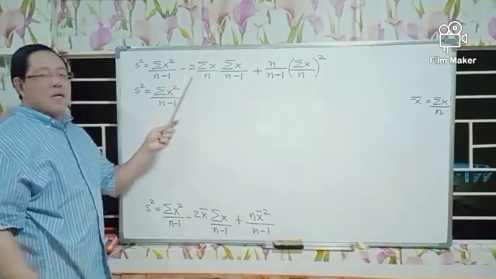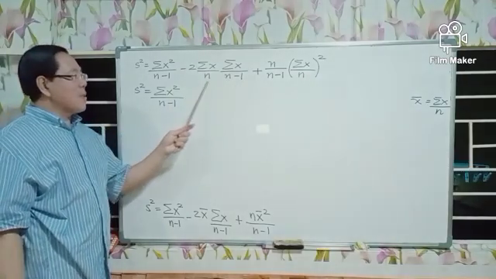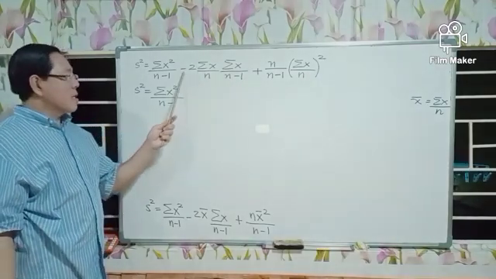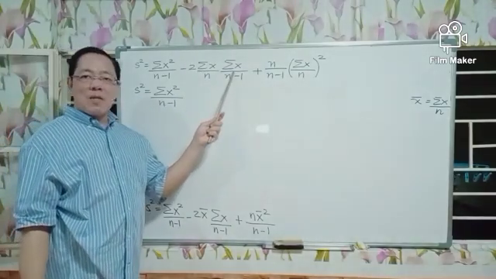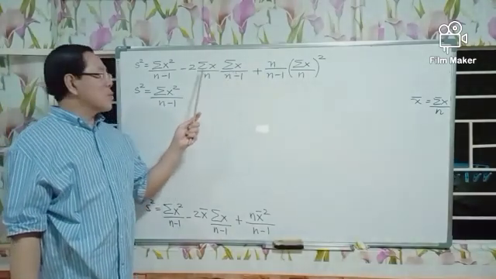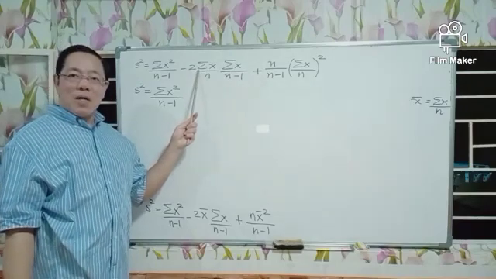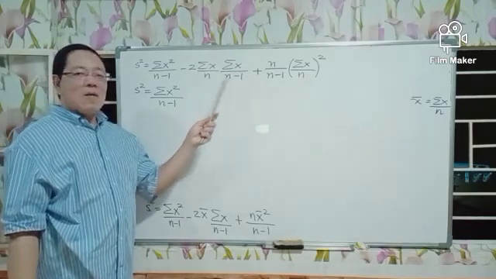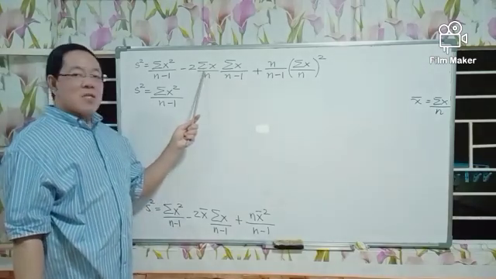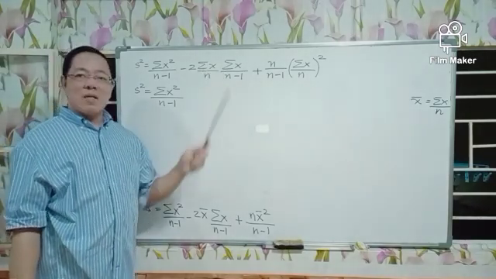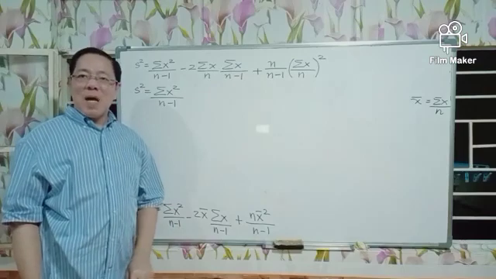Now we multiply the numerators and we multiply the denominators. The second term is minus 2 times summation of x multiplied by summation of x, which is equal to 2 times the square of summation of x, because we multiply summation of x by itself.